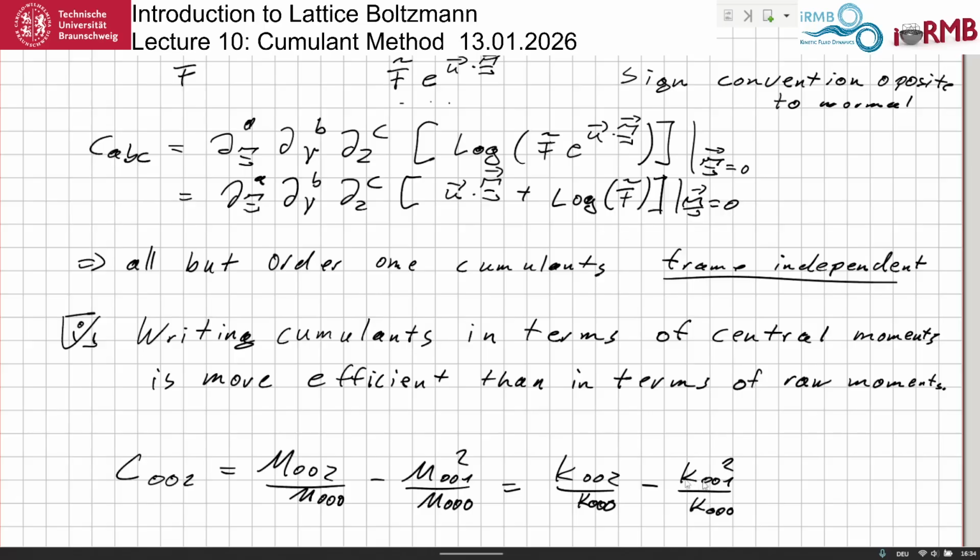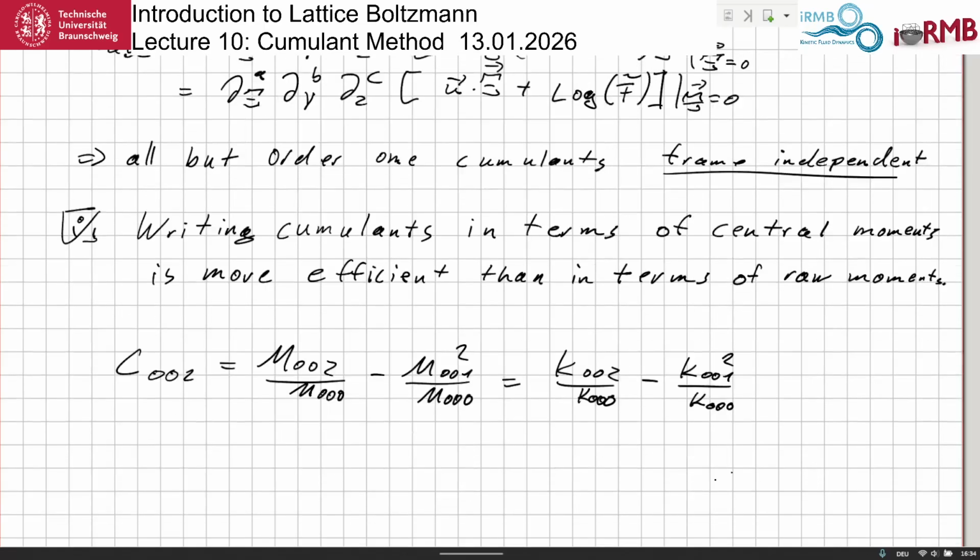However, all the first order central moments are 0, right? So these guys are 0, and what we can do is say that this simply is K002 divided by K000.